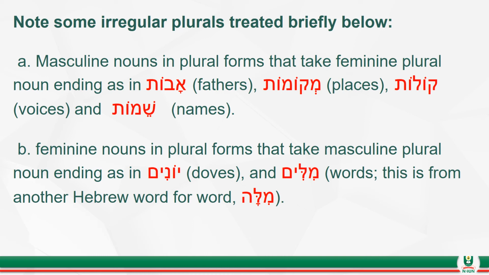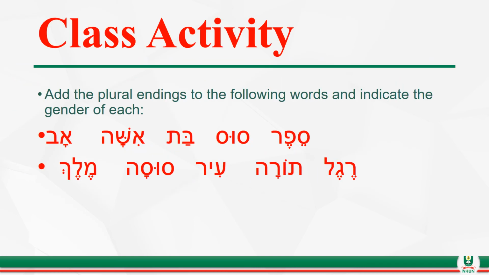This is another word for words in the Hebrew language, which you should also note. It is traceable to mila, which is feminine, and the plural should have been milot, but we have milim. Please note these words, and there are others. We just pick a few examples to illustrate that fact.